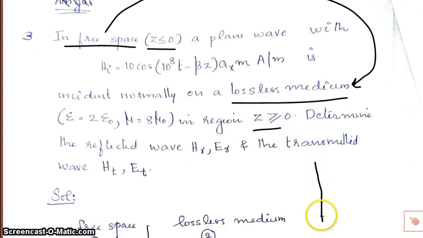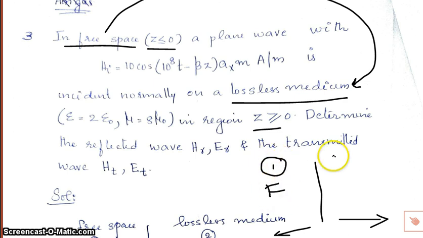If you draw a boundary like this, and this is the z axis, this is z greater than 0 and this is z less than 0, then I can consider this as my first medium, that is free space, and this is my second medium, that is your lossless medium. Means the wave is traveling from the first medium to second medium.